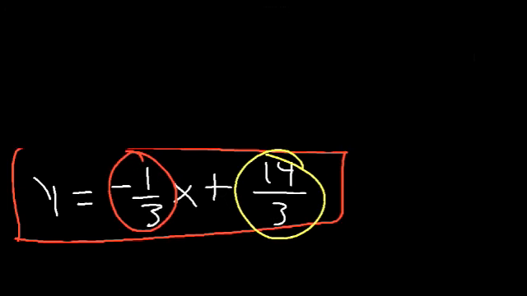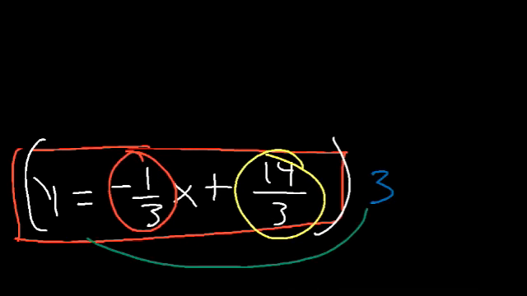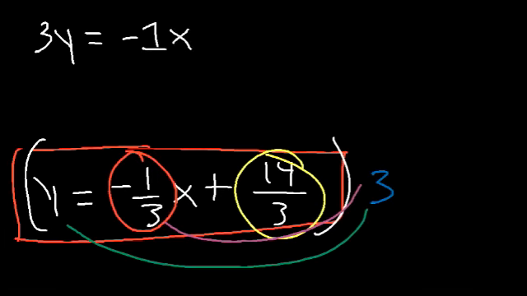So now let's put this equation in standard form. So to put it in standard form, the first thing we need to do is get rid of the fractions. So let's multiply both sides by 3. So 3 times y is 3y, and 3 times negative 1/3 x, the 3's cancel, so it's simply negative 1x.